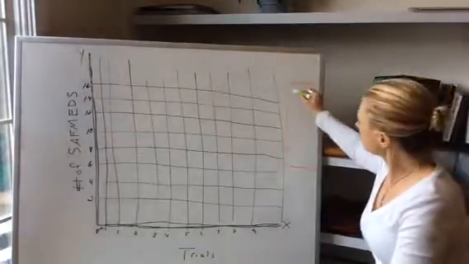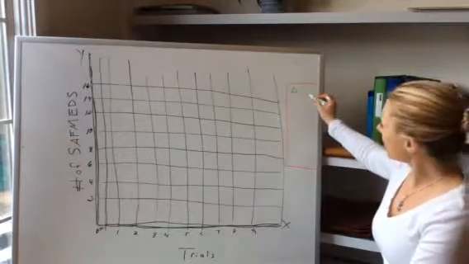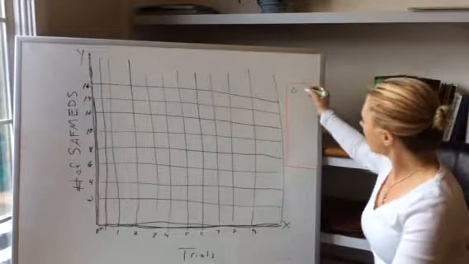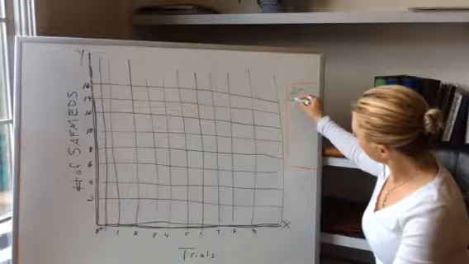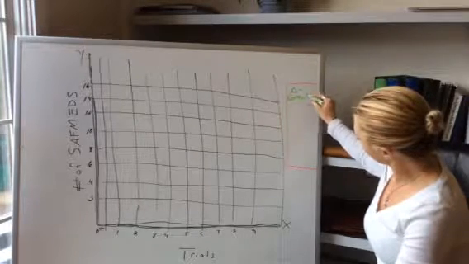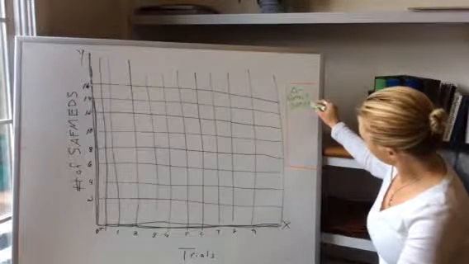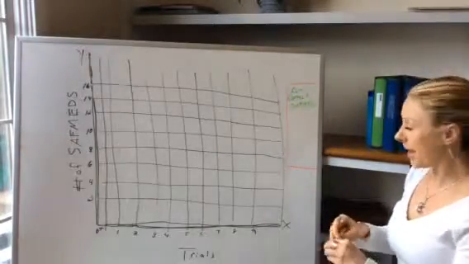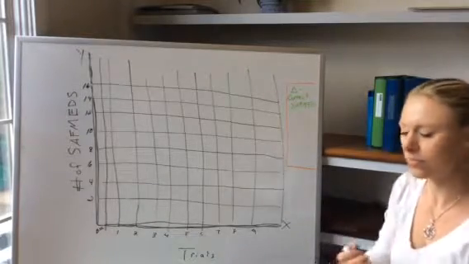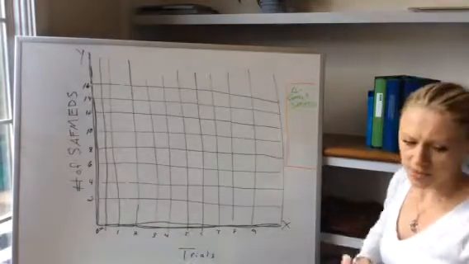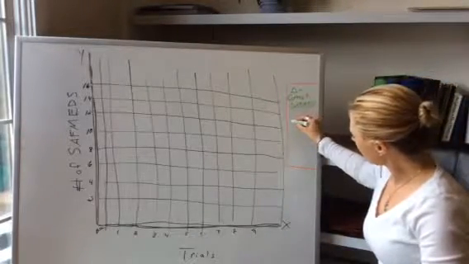We're going to have one that we're going to signify our data points using a triangle, and these are going to be number of correct SAFMEDs, and then we are also going to have, we'll use the same color, we're going to have a circle.